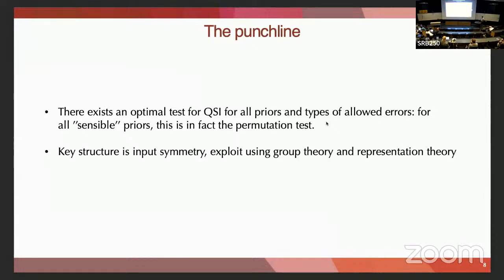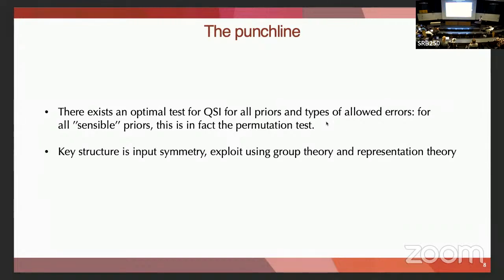And the main takeaway for you is that everything is fine. Permutation test is optimal without the perfect completeness requirement. Well, there is a fine print: if we don't assume a perfect completeness requirement, there's a regime for the prior where an optimal thing would be to do the most stupid thing you can do, just output the same answer each time.